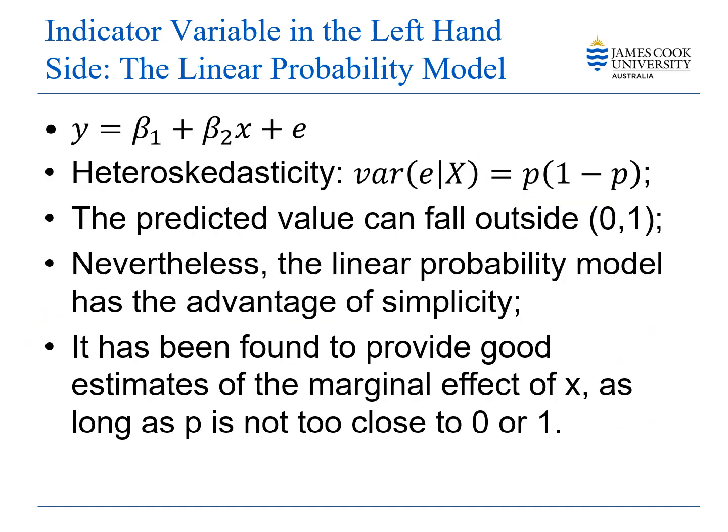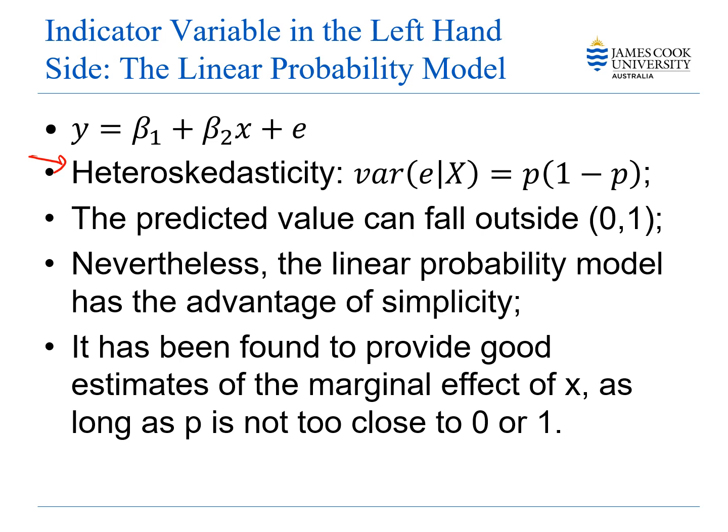Note that if we want to estimate this linear probability model, it is quite easy. We can do it just as we estimate the usual regression model, as we did previously. But you want to know that there are several problems associated with this.